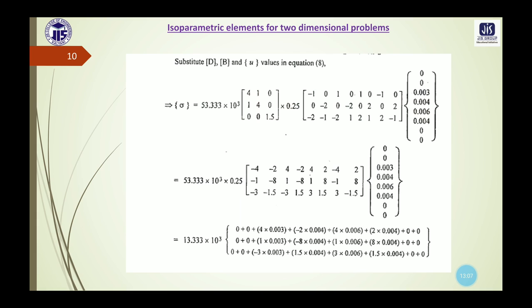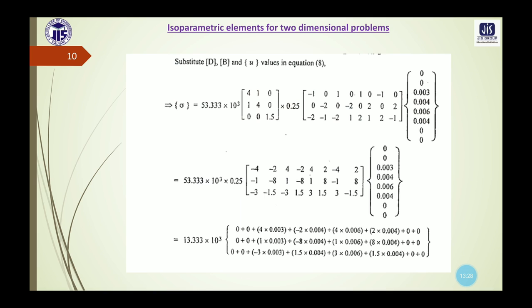Now to calculate the element stress, we need to put all the values of the D matrix, then B matrix and the U matrix, the displacement vector. So some matrix multiplications are needed here, which we can see here.